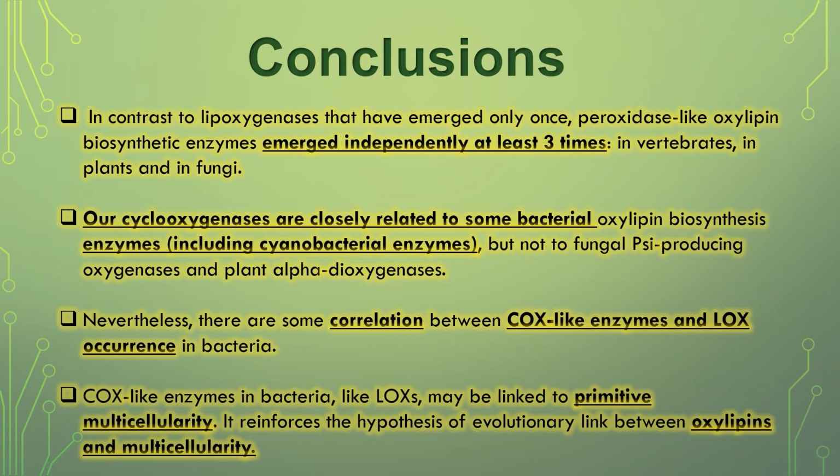This fact strongly reinforces the hypothesis of an evolutionary link between oxylipins and multicellularity that we have previously advanced in our paper about lipoxygenases. We have also concluded that, in contrast to lipoxygenases that have emerged only once, peroxidase-like oxylipin biosynthetic enzymes emerged independently at least 3 times, leading to cyclooxygenases in vertebrates, alpha-dioxygenases in plants, and PSI-producing oxygenases in fungi.